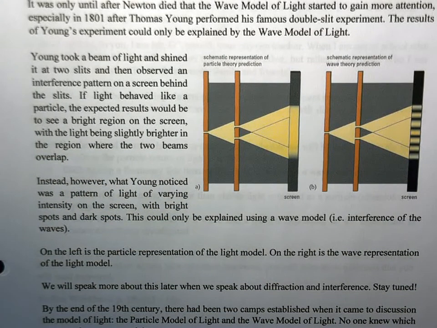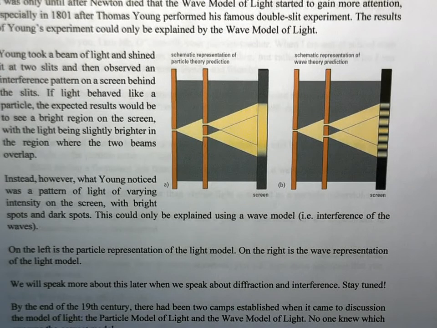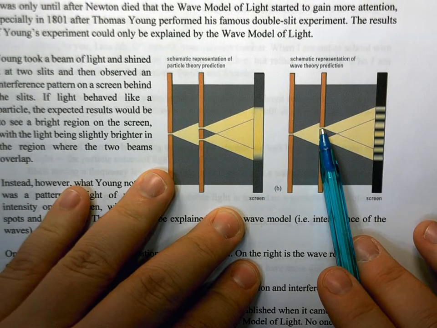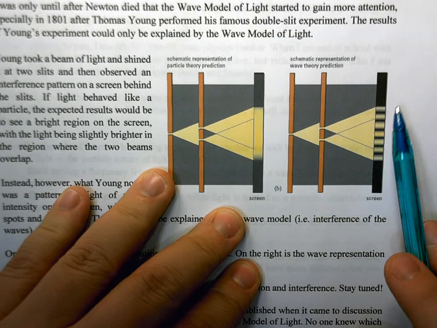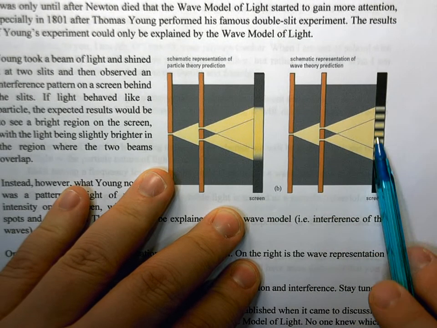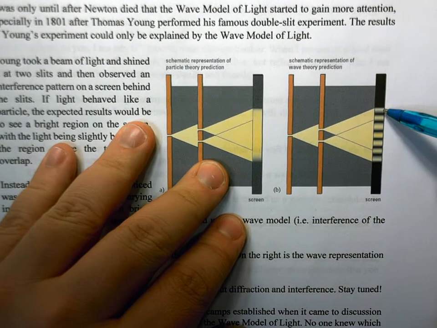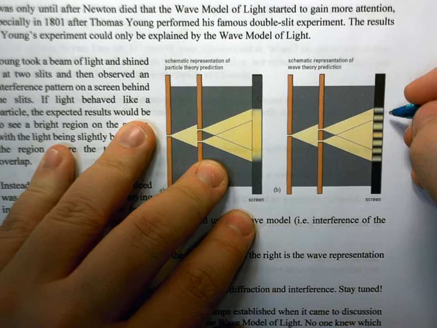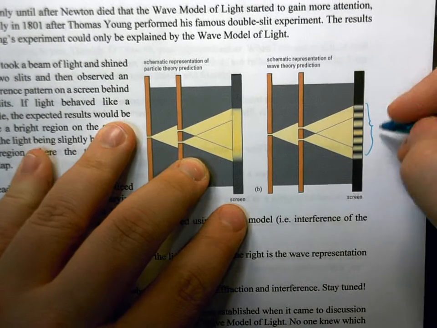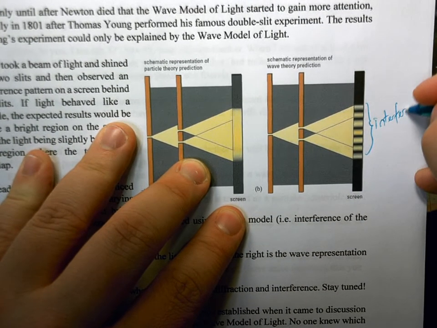That's what we'd expect with Newton's theory. What was actually observed, though, was not a nice continuous beam with a brighter patch in the center, but an alternating pattern of bright and dark spots. This is what we call an interference pattern.